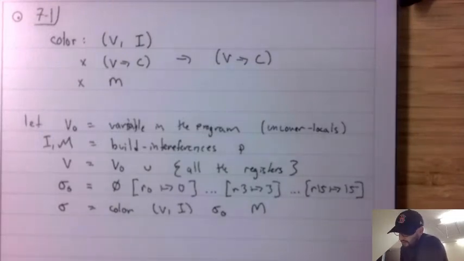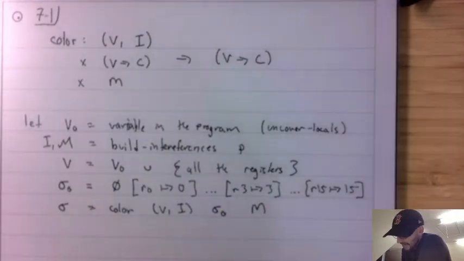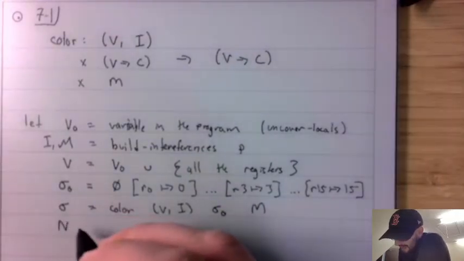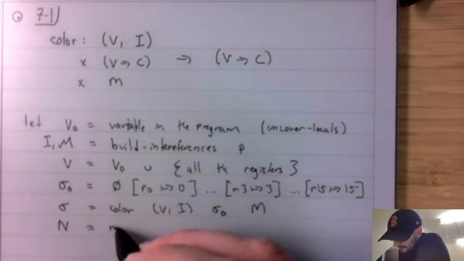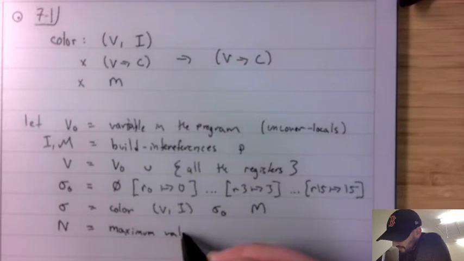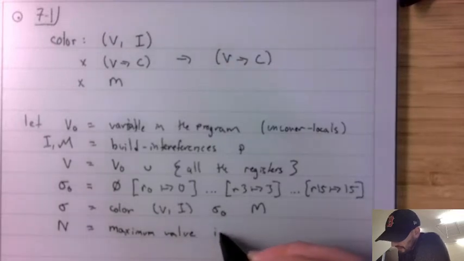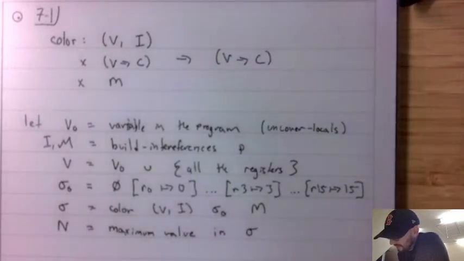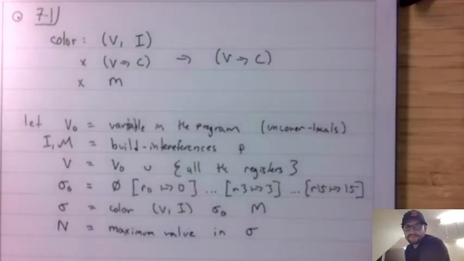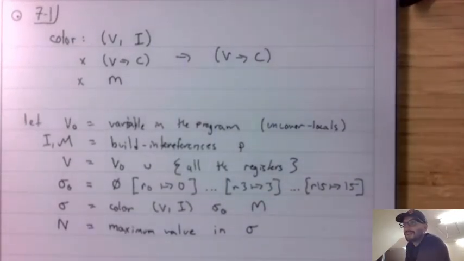Then we're going to compute n, which is the maximum value in rho. We're going to look at what comes back and ask which is the highest number that we ever actually used.